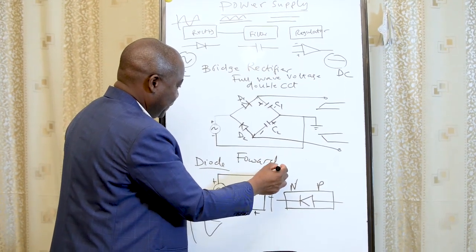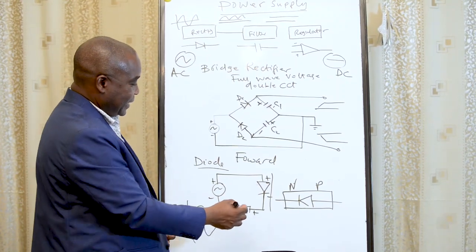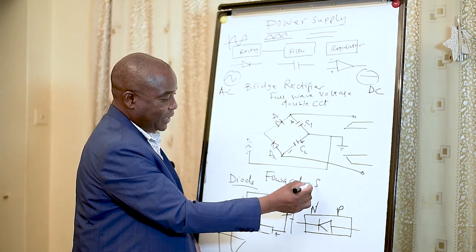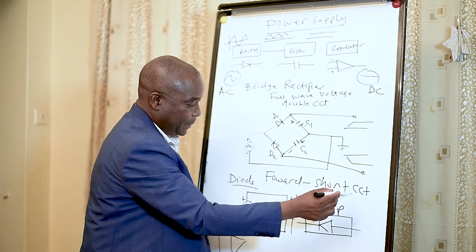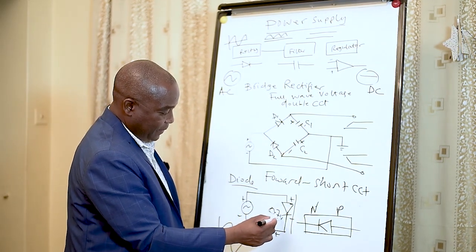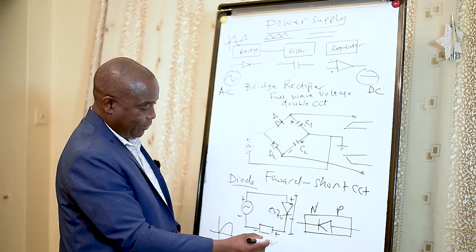Forward bias. In a forward bias, the circuit like this, it works like a short circuit. And here we get 0.7 volts. It will short circuit in a forward bias.